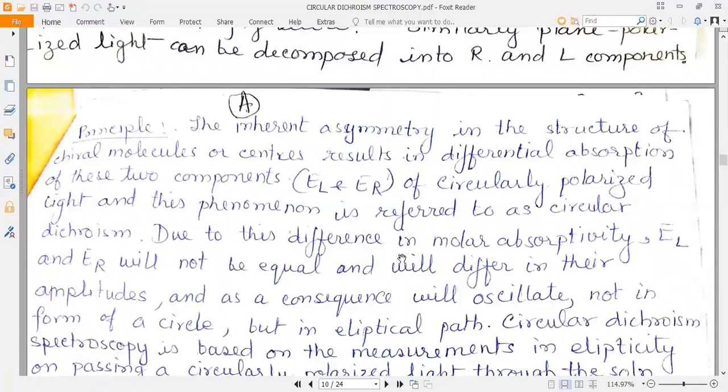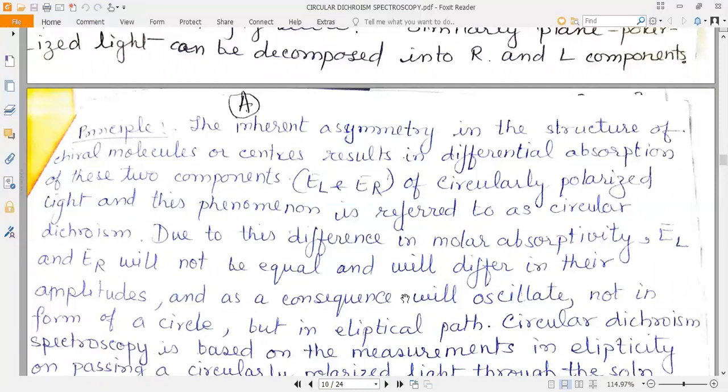Due to this difference in molar absorptivity, that is, epsilon L and epsilon R will not be equal and will differ in their amplitudes, and as a consequence will oscillate not in the form of a circle but in an elliptical path.